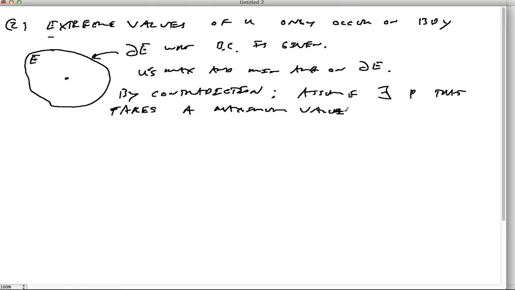It could also take the minimum value. We simply have to change the wording to do the minimum case. But we'll just do the maximum case, and the minimum case we get for free. If it takes the maximum value at P in the interior, so P is in the center here. It's not on the edge, okay?